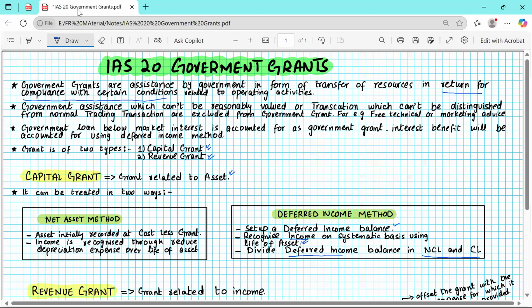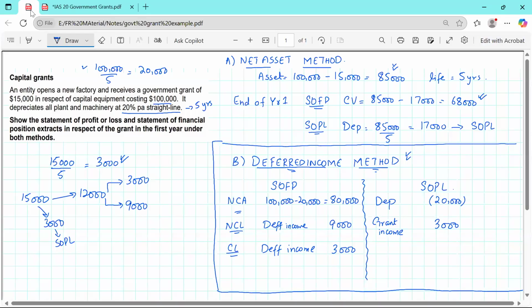Now here we read one thing, that in the net asset method, income is recognized through reduced depreciation expense. That is, the grant income is recognized through reduced depreciation expense. Now, what does this mean? Look, in the deferred income method, what was your depreciation? 20,000, and grant income was 30,000.